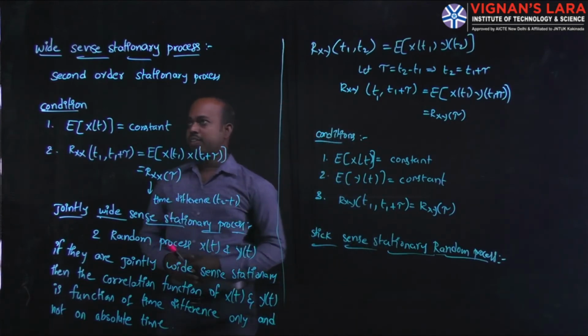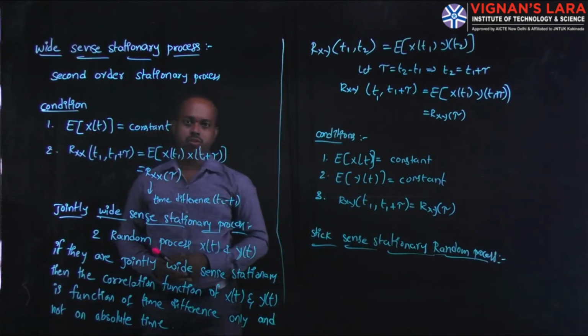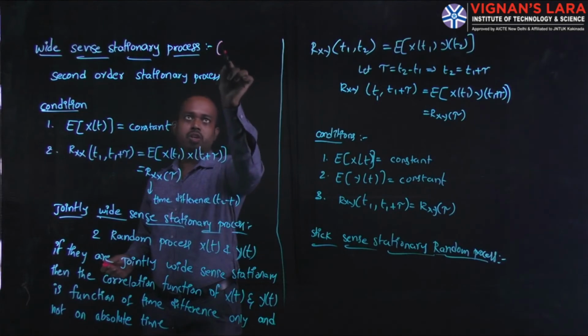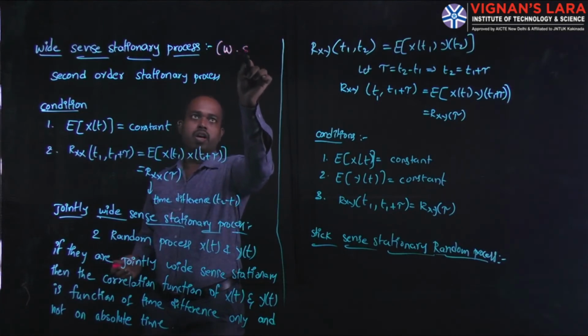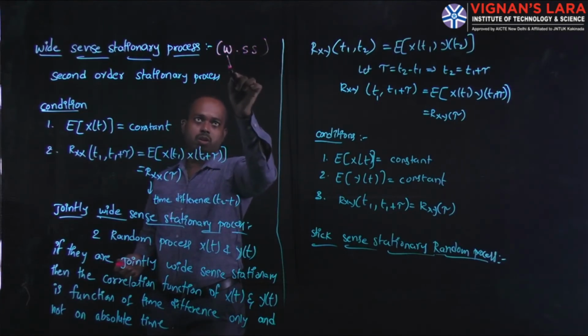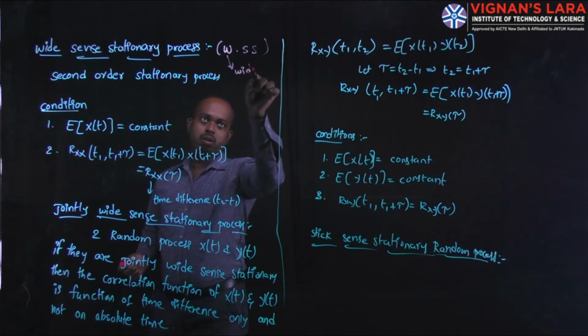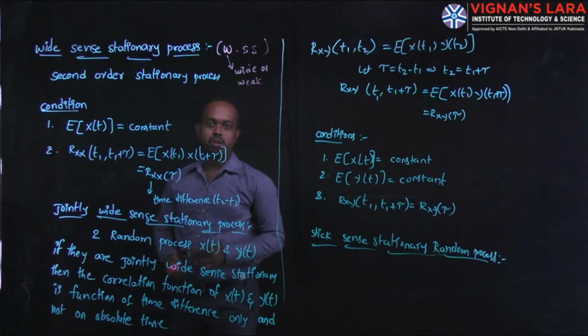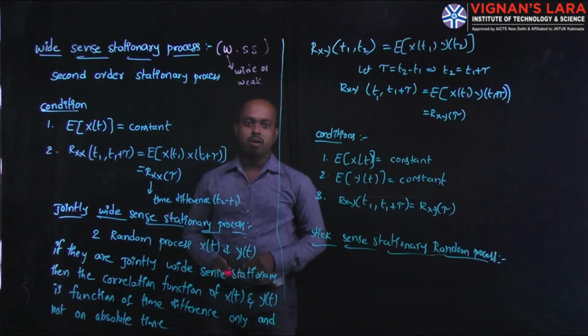Here the short notation we are calling it WSS. Here W can be called wide or vague, a wide sense stationary random process.